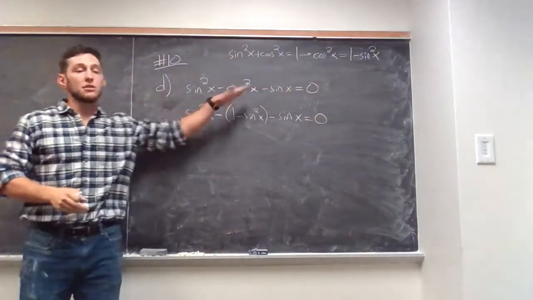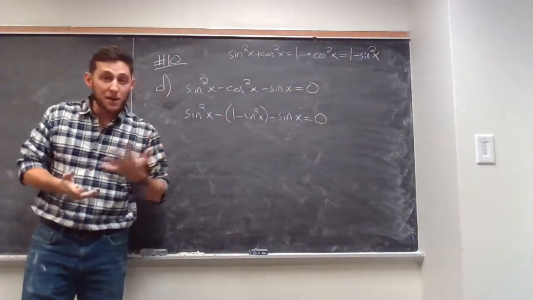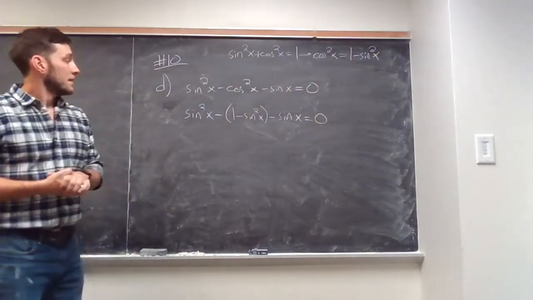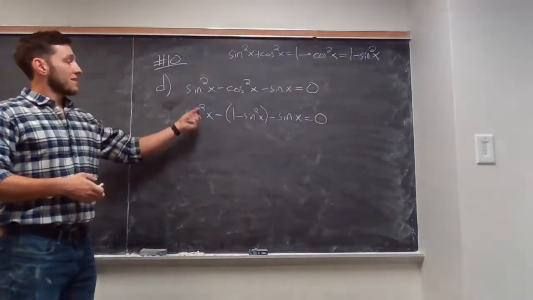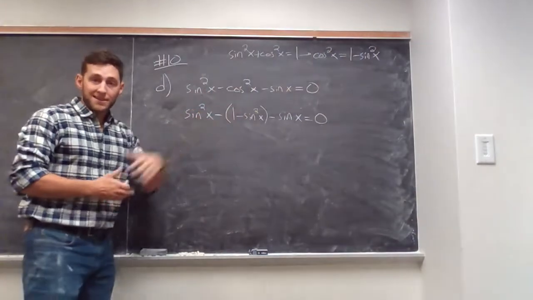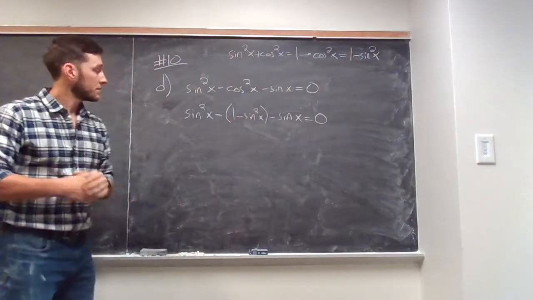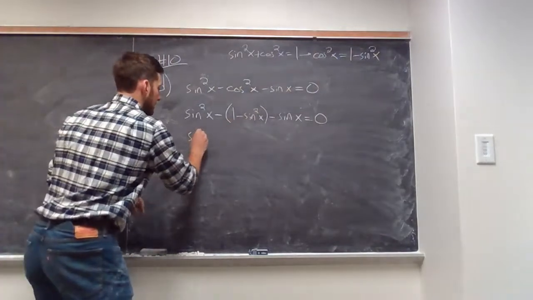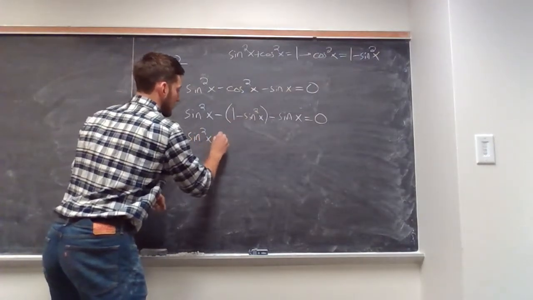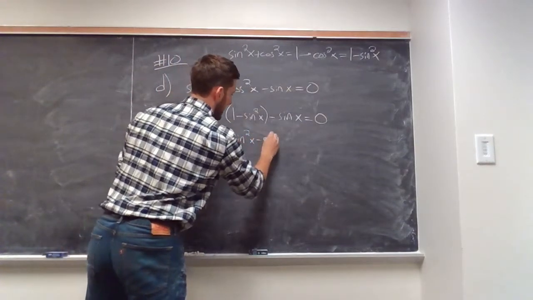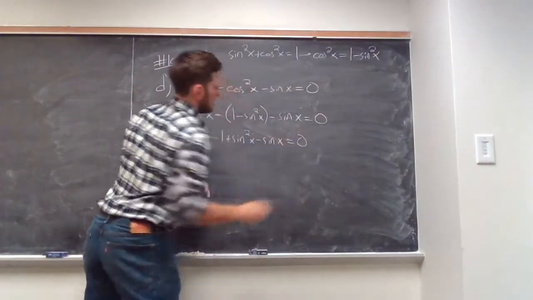When we have intermingled trig functions, more than one power of them, we've got to use it. All right, so sine squared of x minus parentheses 1 minus sine squared x, minus sine of x equals 0. Distribute in the negative: sine squared x minus 1 plus sine squared x minus sine x equals 0.